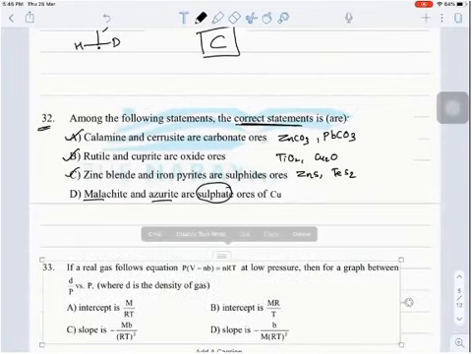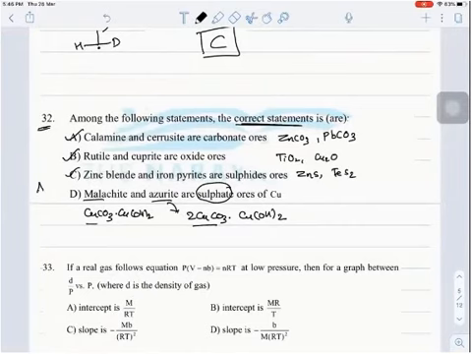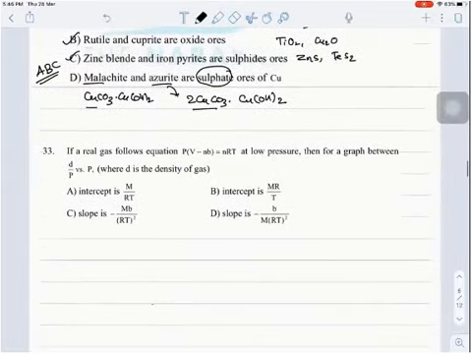Malachite is CuCO3·Cu(OH)2, azurite is 2CuCO3·Cu(OH)2. These two are the carbonate and basic carbonates. These are not sulfates. Hence correct will be only A, B, and C. So for question 32, A, B, C is the correct answer.